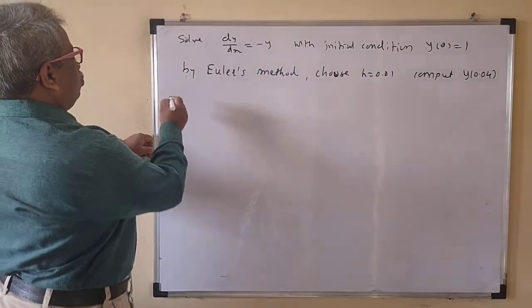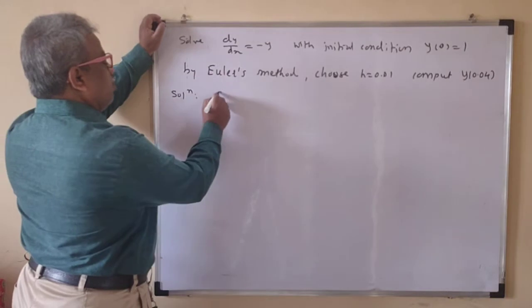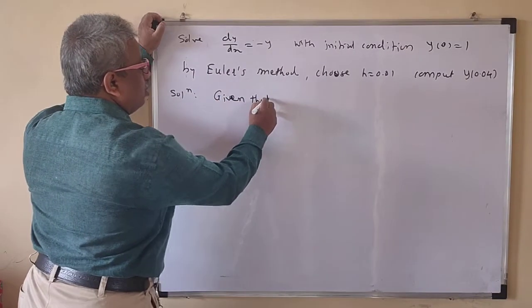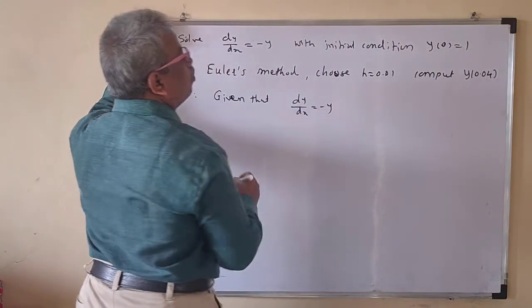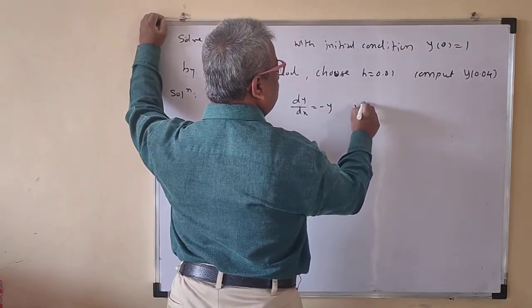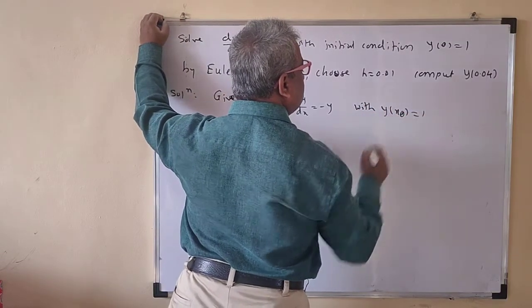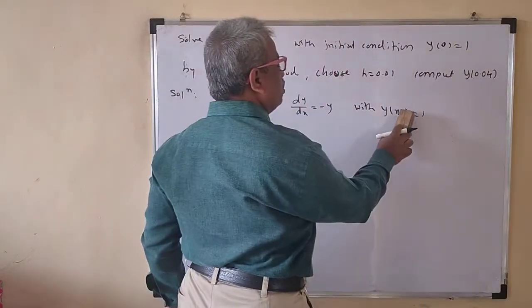Okay, solution. Given that dy by dx is equal to minus y with y of 0 is equal to 1.